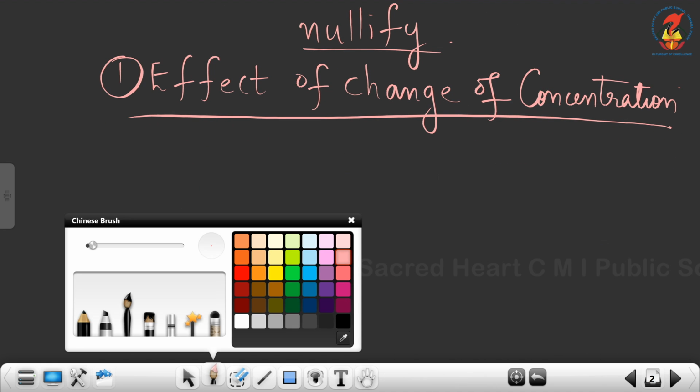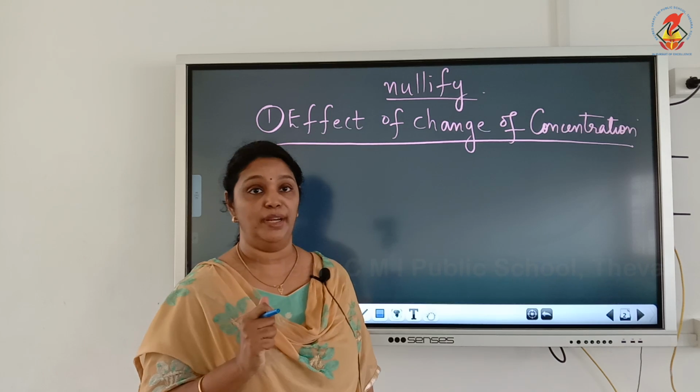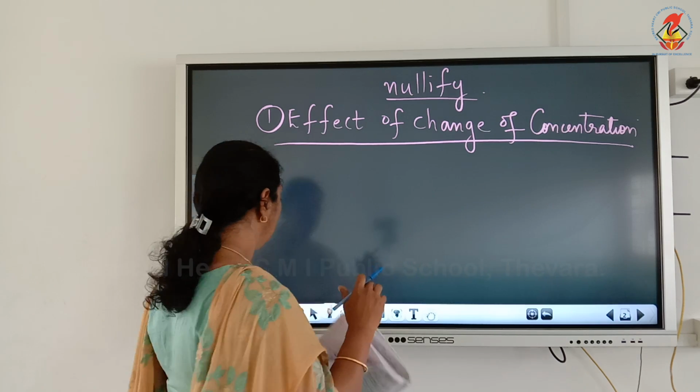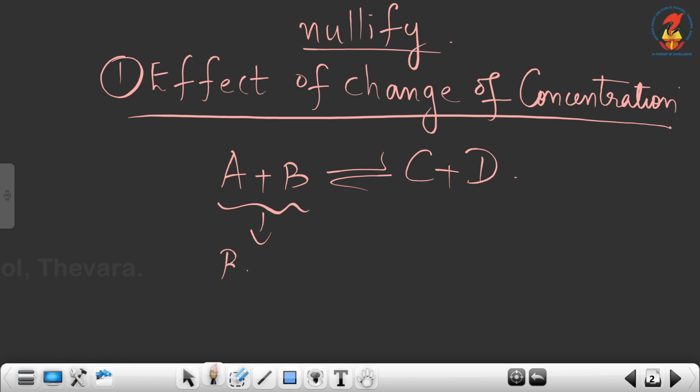To study the effect of change of concentration on a reaction at equilibrium, let's take an example, a general equation: A plus B in equilibrium gives C plus D. Now A and B are the reactants, and C and D are the products.